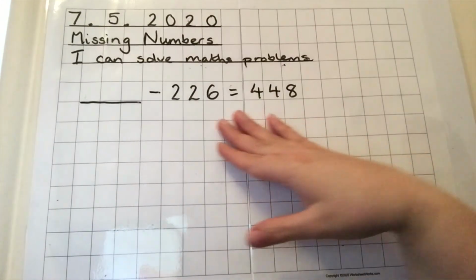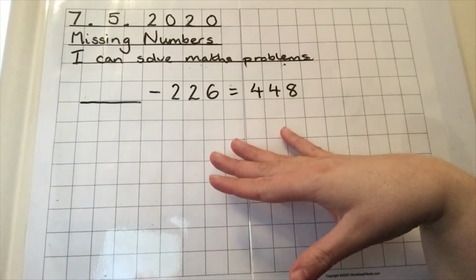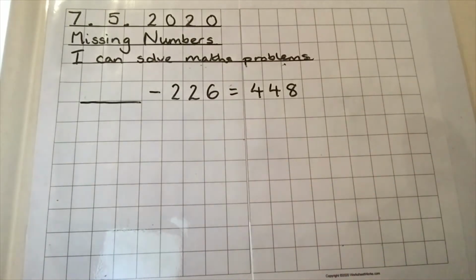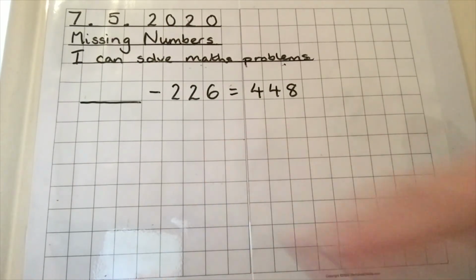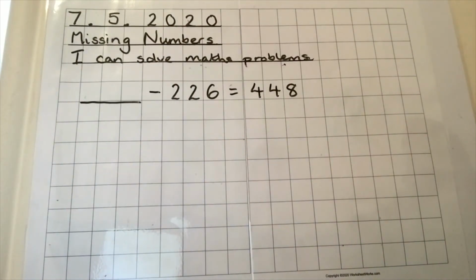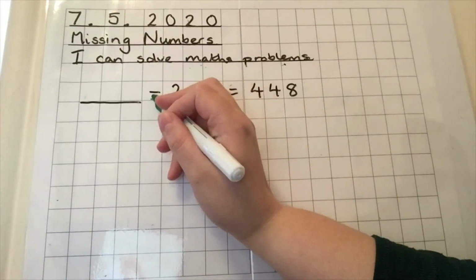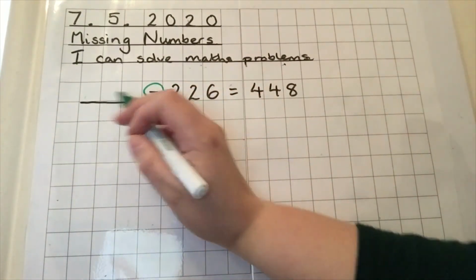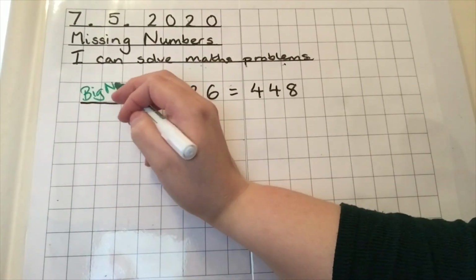Okay, I've chosen a slightly bigger sum this time, just to show you how you can use that information that I'm making you practice with easier numbers when you come to hard numbers. So, if you remember, that's our takeaway sign. We've got a takeaway. And if it's a takeaway, our big number is first.